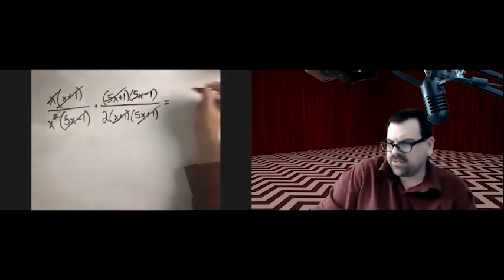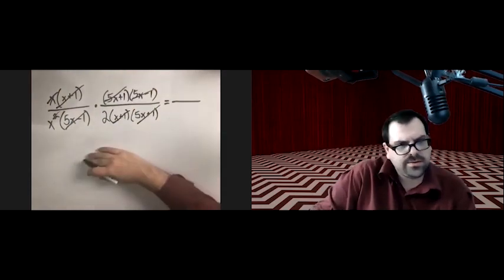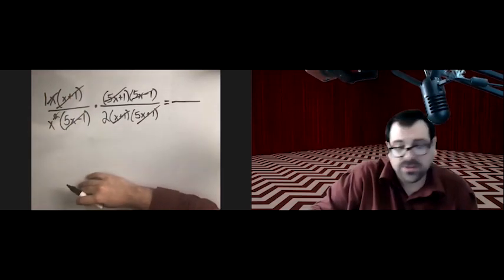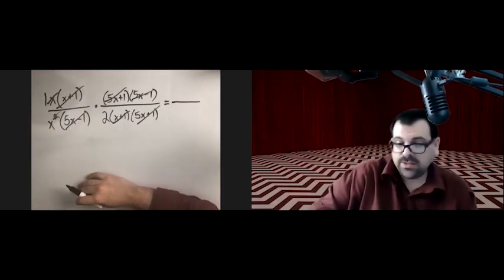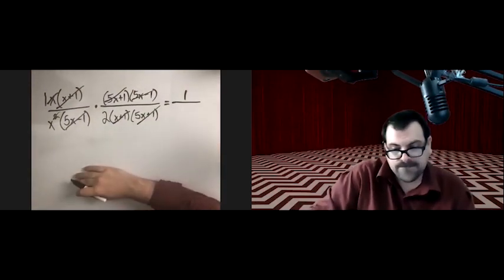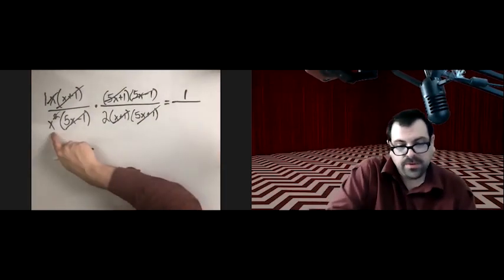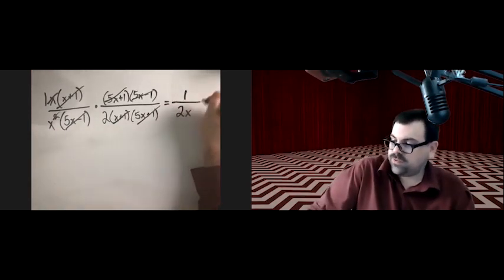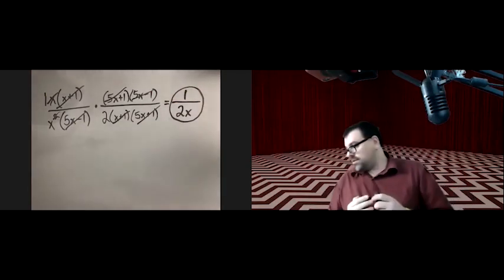And what does that mean? 0 because everything's gone? No. Since 1 times whatever is whatever, we're still left with a 1 on top. On the bottom, we have x times 2, 2x. 1 over 2x is our final answer.